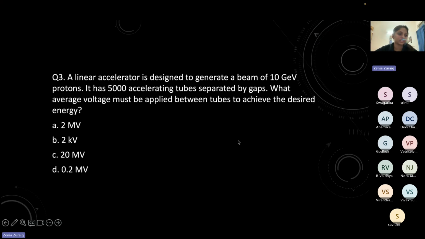Okay, someone says 20 and someone says A. Others, okay, I see B also as an option. I see all the answers almost. So others, please also answer this question. Any other answers?